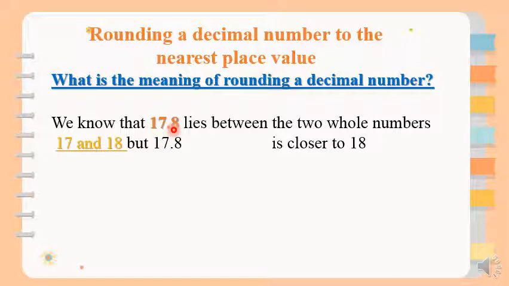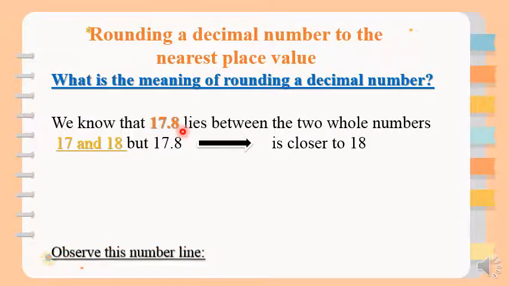Okay, but it's closer to 18. So you can say that I took approximately 18 over 20. What did I do? I made rounding for this number.